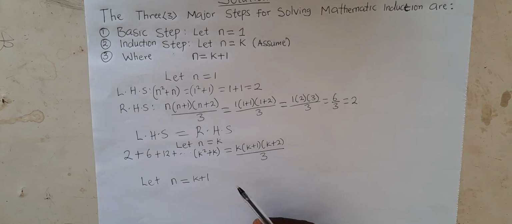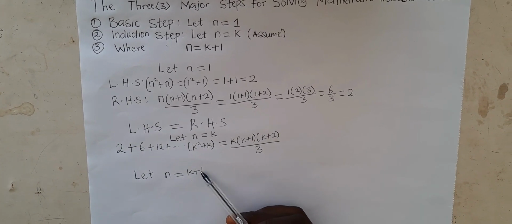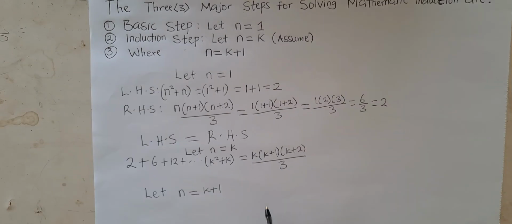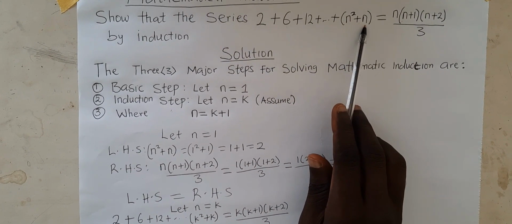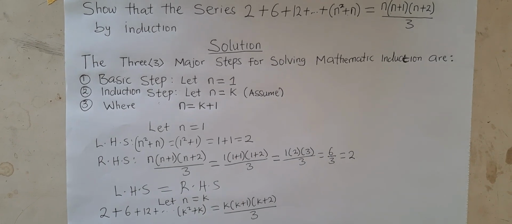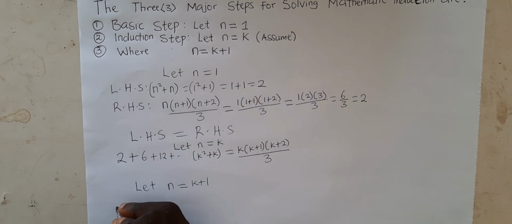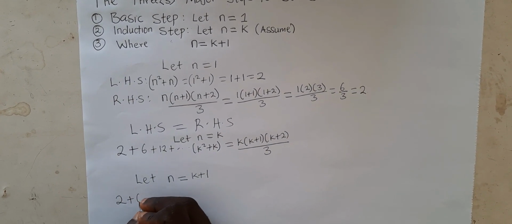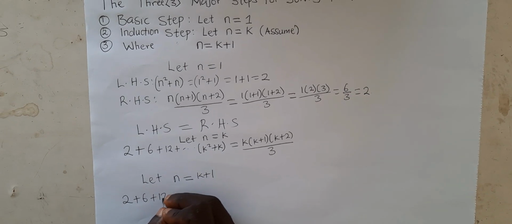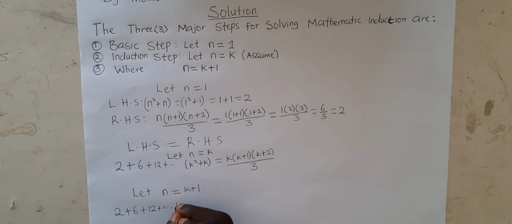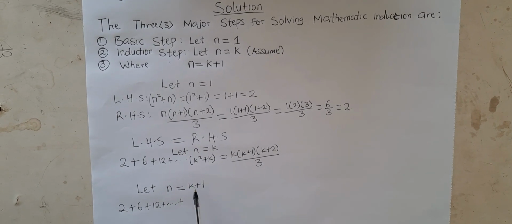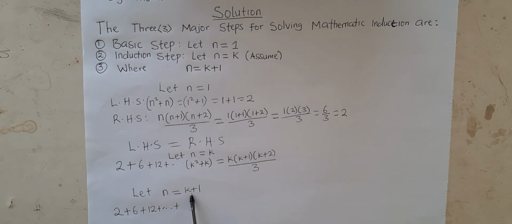At this point, I'm replacing n with k plus 1, so wherever I see n, I'll replace it with k plus 1. So at the left hand side here, I have 2 plus 6 plus 12 plus up to this point. Now, I'm replacing n with k plus 1.